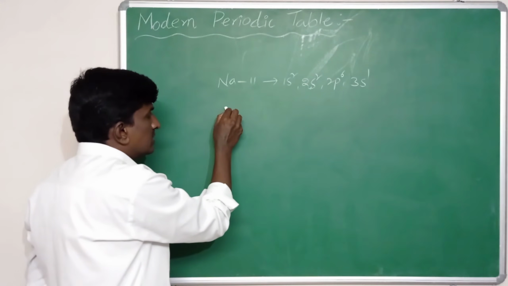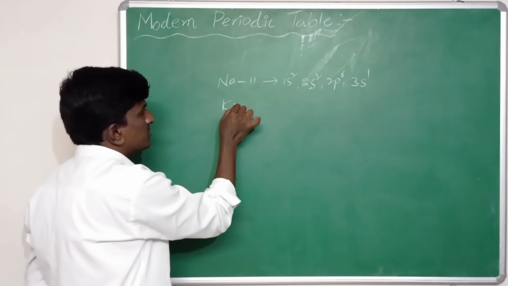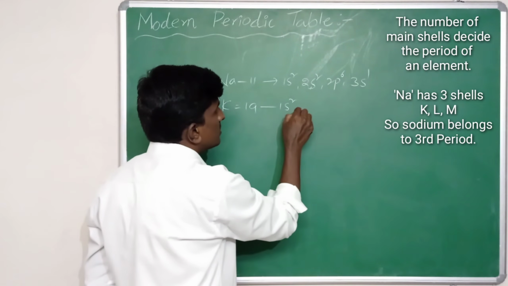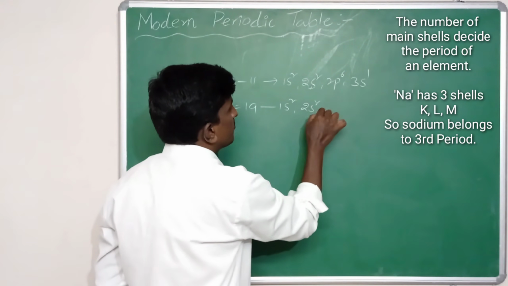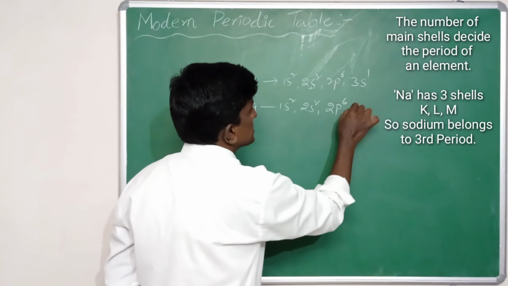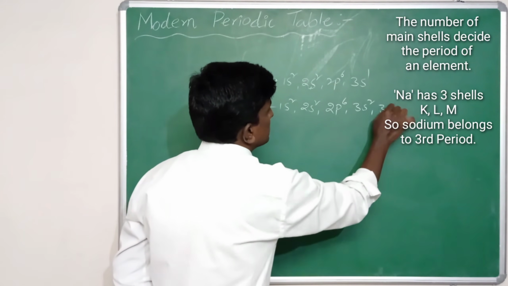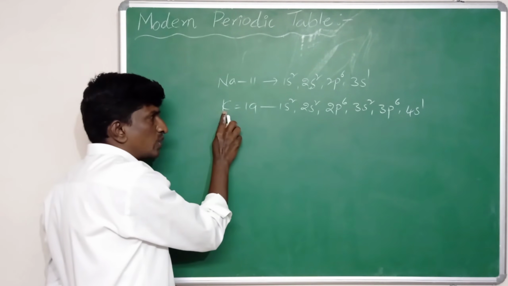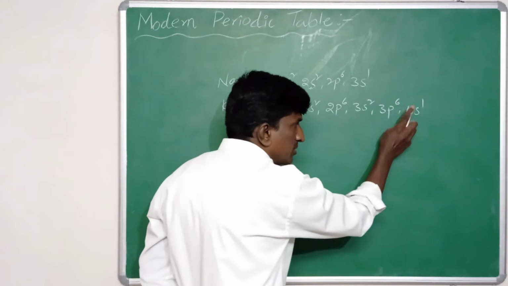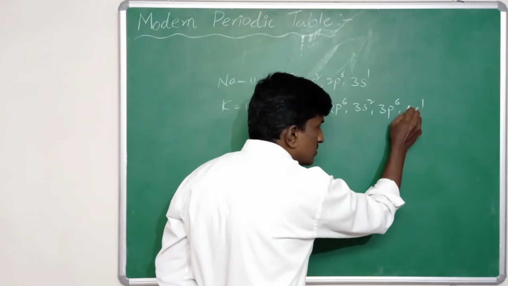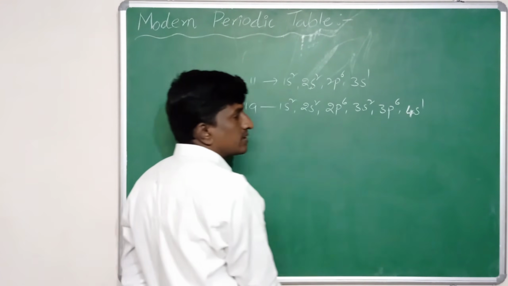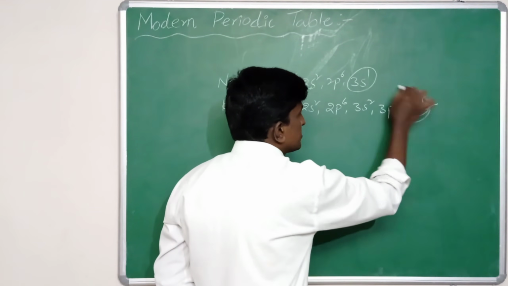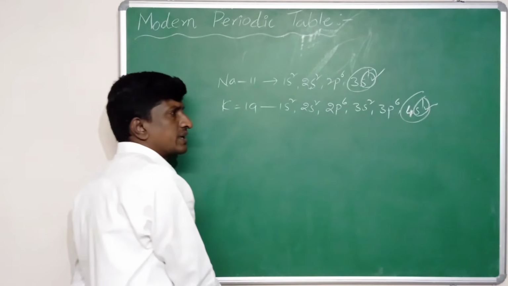And potassium, atomic number 19: sodium and potassium belong to the same group but their periods are different: 1s2, 2s2, 2p6, 3s2, 3p6, 4s1. So potassium belongs to the fourth period because its outermost shell is the fourth shell. Both belong to the first group because both have similar outermost electronic configuration.